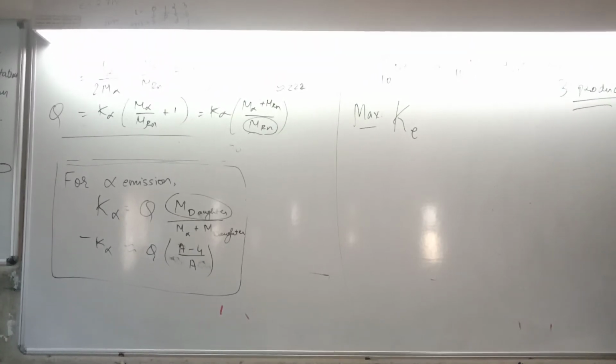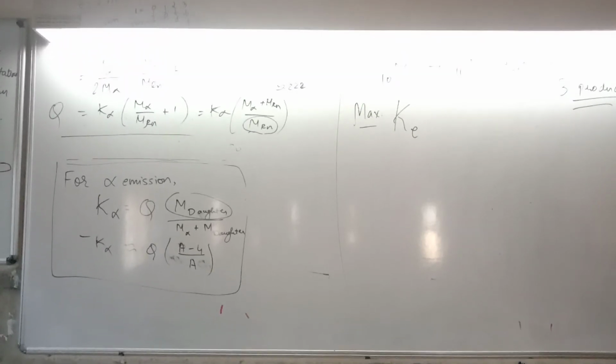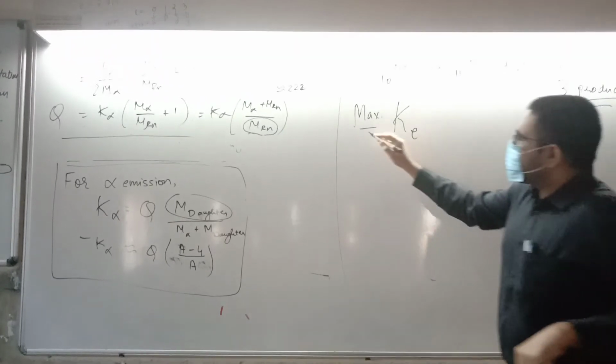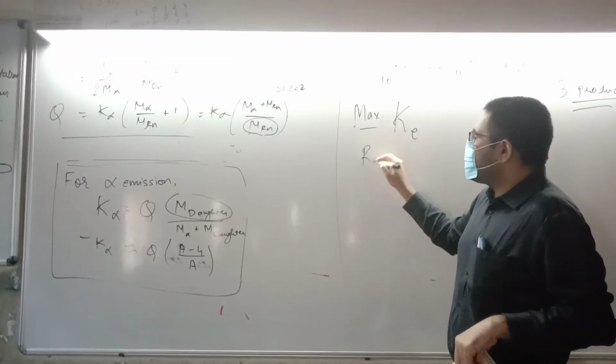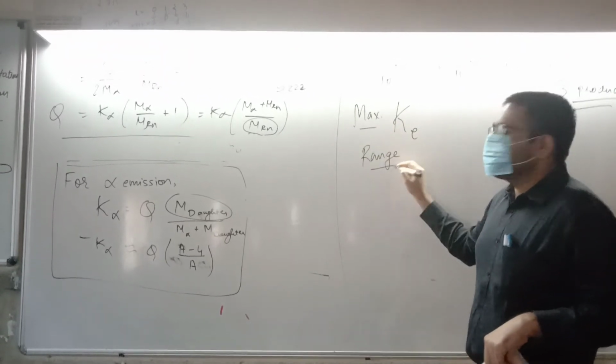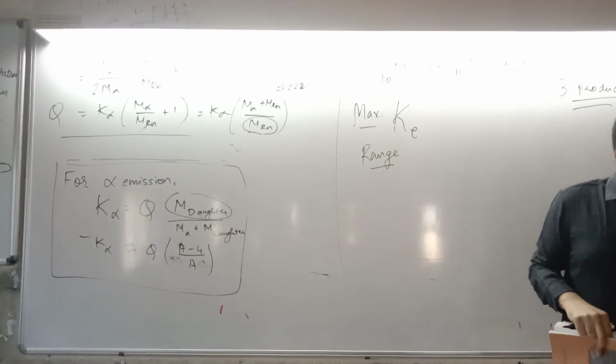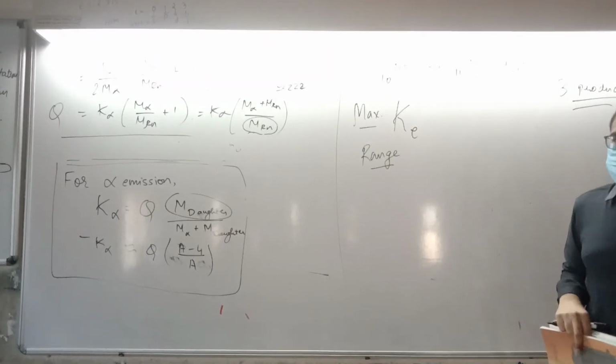When there are three things, the momentum has to be balanced out. In the previous case of alpha there are just two, but now there are three. So what happens is that electrons don't get a fixed energy; rather, they get a range, from a minimum energy to a maximum energy.